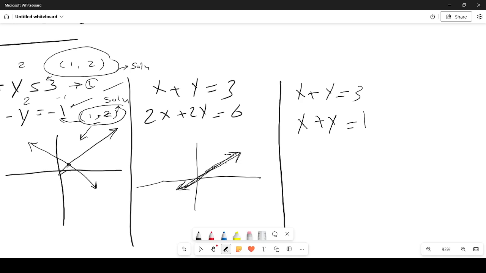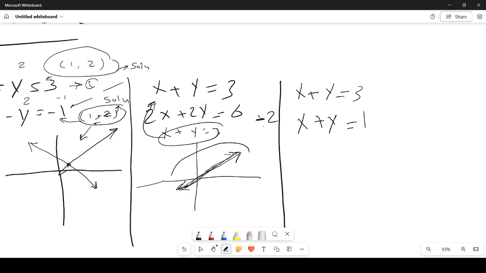Anyway, they're identical. Okay, why is that? Because the second equation is just the first equation multiplied by a factor. If we divide every part of the equation by 2, we come out to x plus y equals 3, which is actually the first equation.